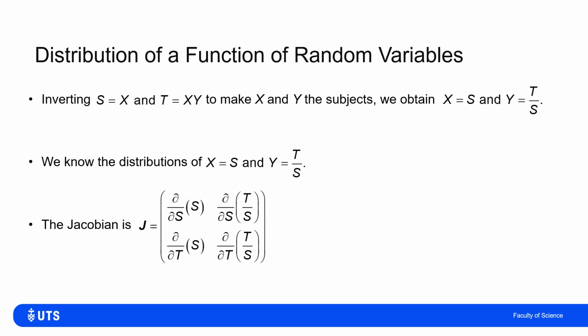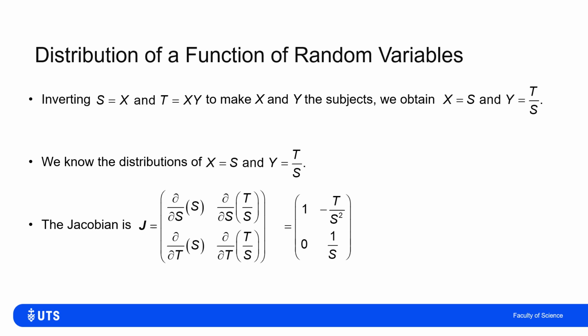So if I work those out, then dx by ds is 1, d by ds of t over s, partially, is minus t over s squared, dx by dt is 0, and d by dt of t over s is 1 over s. So I need to know the absolute value of the determinant of that Jacobian.